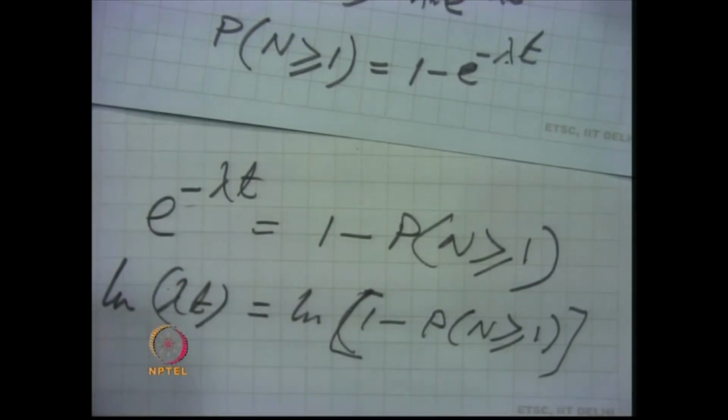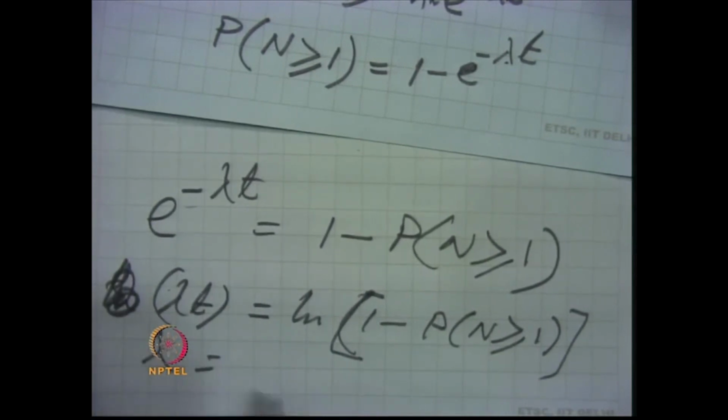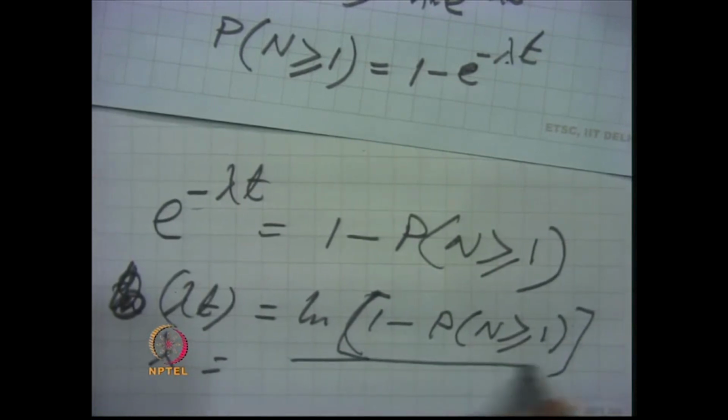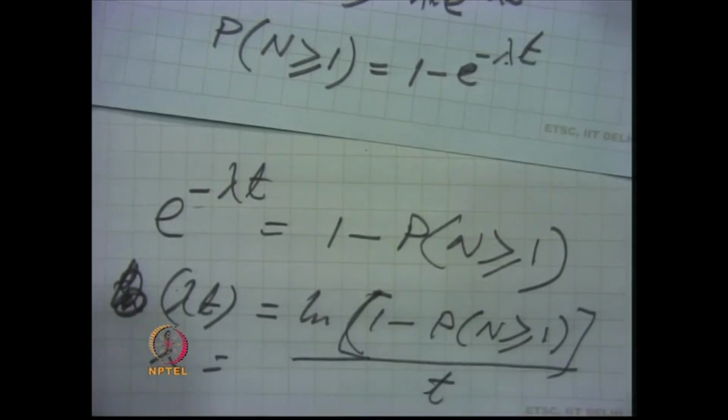Here we ignore the sign because a negative value for the occurrence rate really does not have any meaning. So this ln will be equal to lambda t. From there we can get the value of lambda is equal to this divided by t. So that is what has been used here.